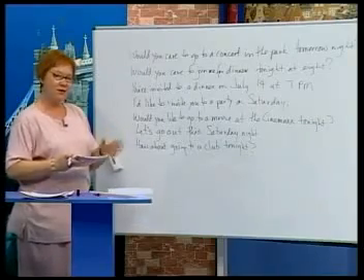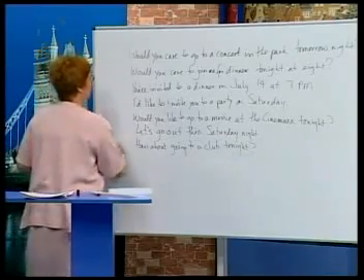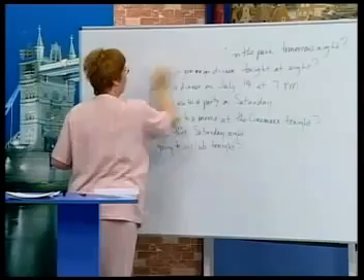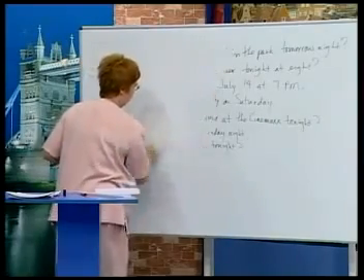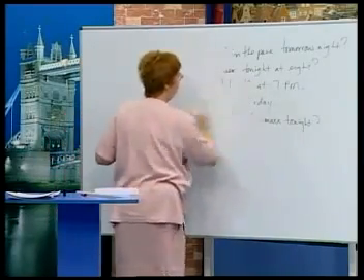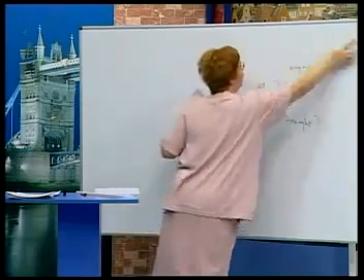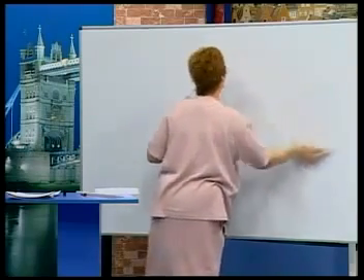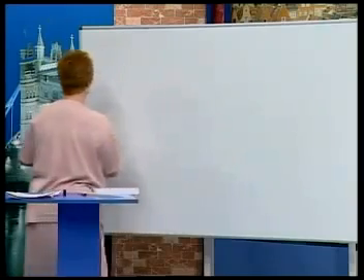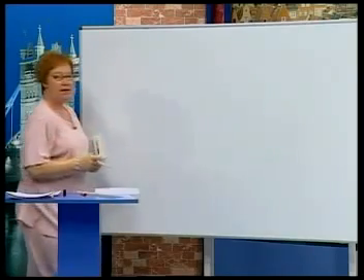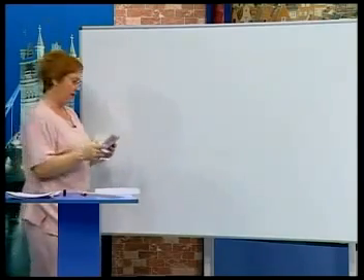Now, there's another way we can do it, and let me make some more room here, and we can change it around a little bit. And then I'll show you how it looks. Okay, sometimes we say what, where, and when first.